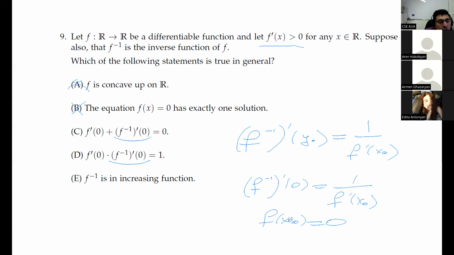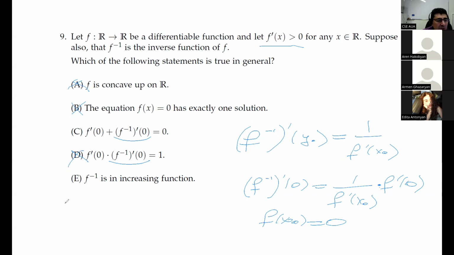And we do not know whether x0 is 0 or not. If x0 is 0, then this is the correct answer, because multiplying this by f prime x0 we will get 1. But in this case, multiplying this by f prime 0, is it going to be 1? Who says that f prime 0 is the same as f prime x0? Maybe x0 is different. So this is not correct.